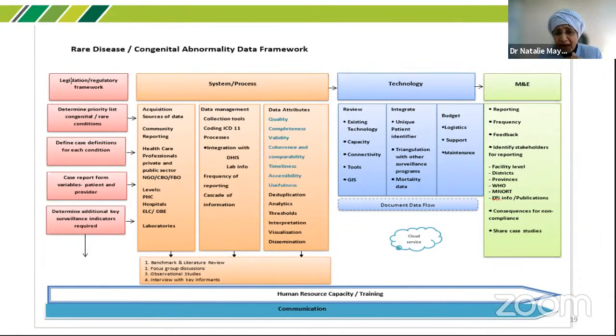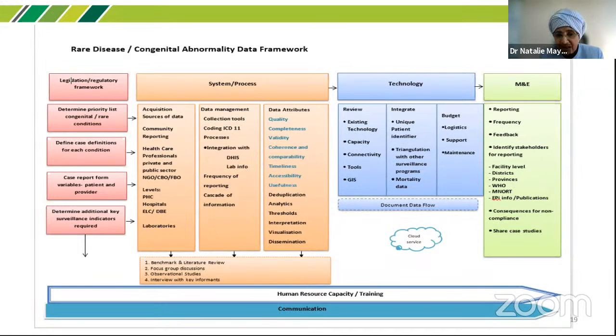We want to look at the timeliness, how accessible and the usefulness and user friendliness of this data, but also the flexibility of the system to be able to add new rare diseases as they come on board and as they are identified. We want to deduplicate, so you obviously don't want the same child who goes to the audiologist and the cardiologist being reported multiple times. So we want to report patient-specific disease events.